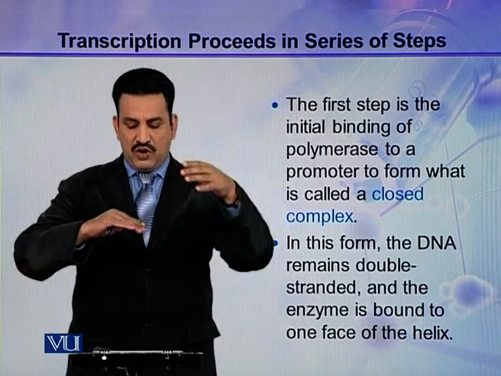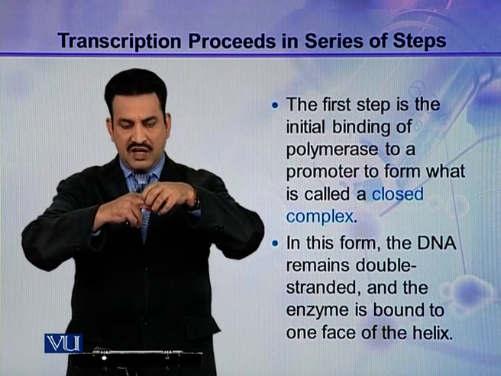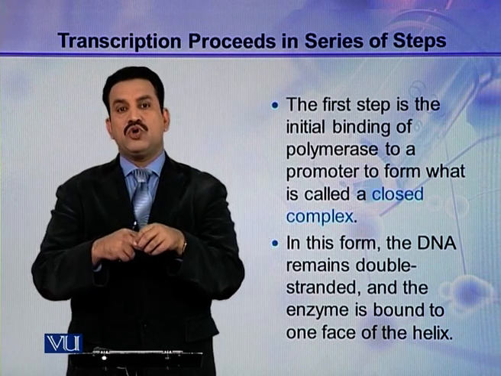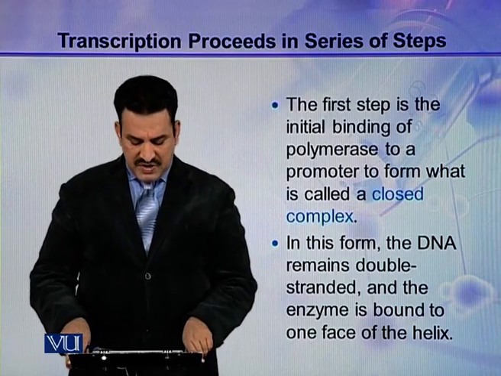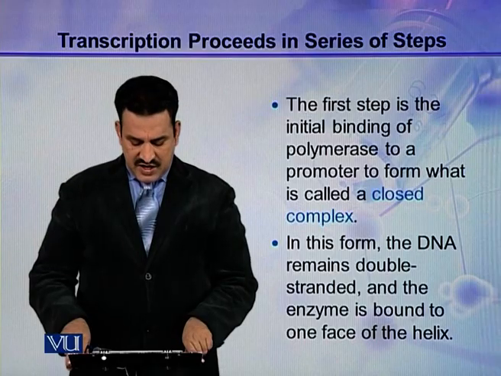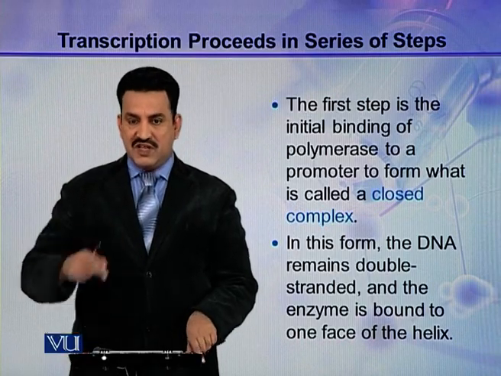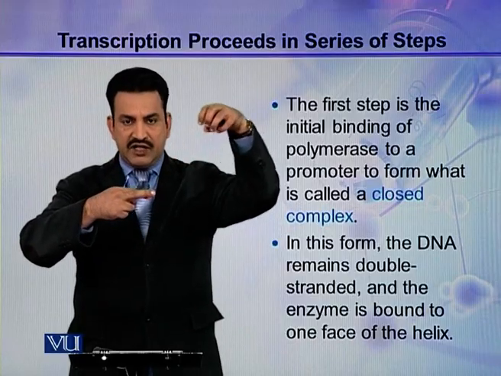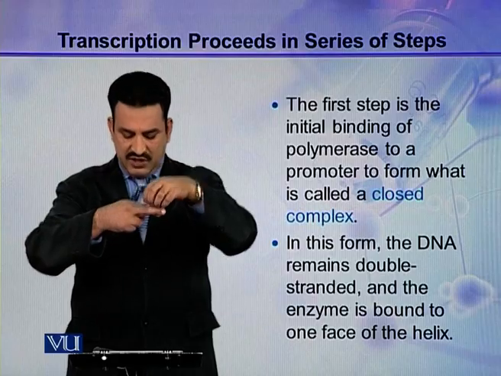So a polymerase binds to the DNA and makes a closed complex. In this form, the DNA remains double stranded and the enzyme is bound to one face of the helix. So this is the helix, and the enzyme is bound to one face of this helix.